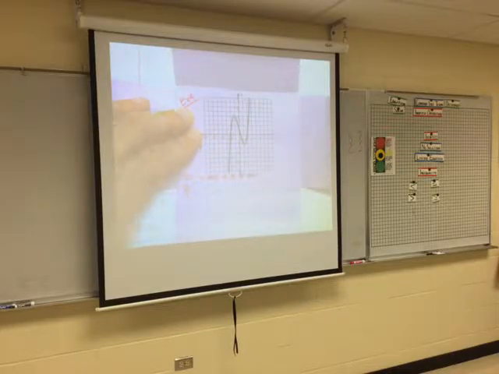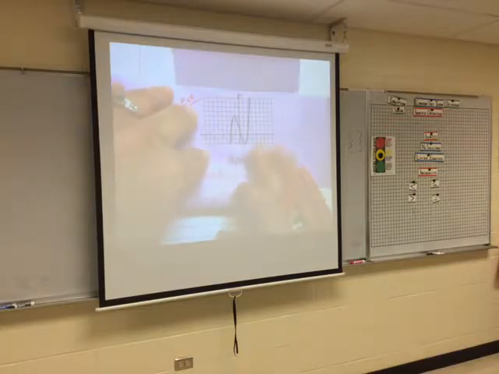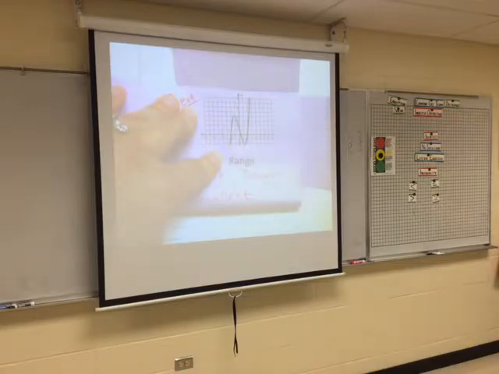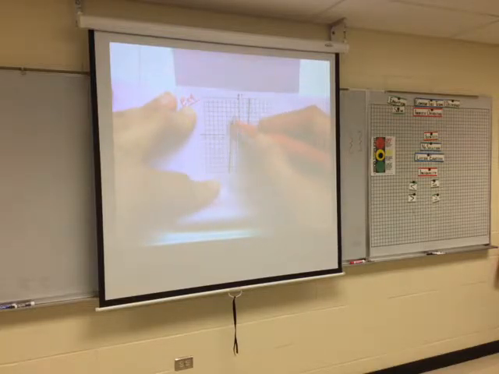Alright. Now for my range, what's my smallest y value? I heard negative 2 and I heard negative infinity. Well, right here I have a low point, right? But do I have points underneath that on the graph? Yeah. It's negative infinity because it's low here at negative 2, then it goes up, and then it comes back down and keeps going down, right?